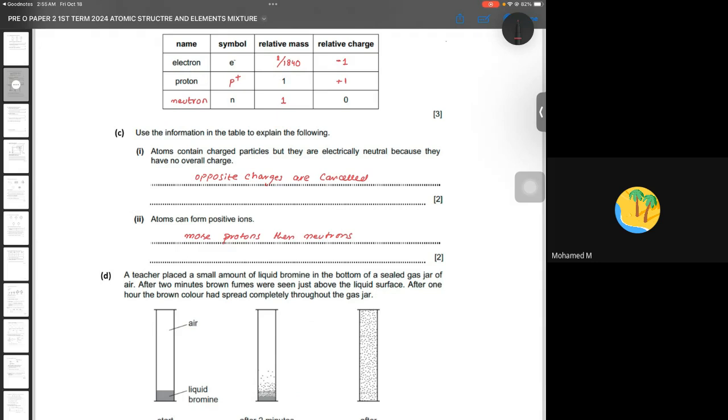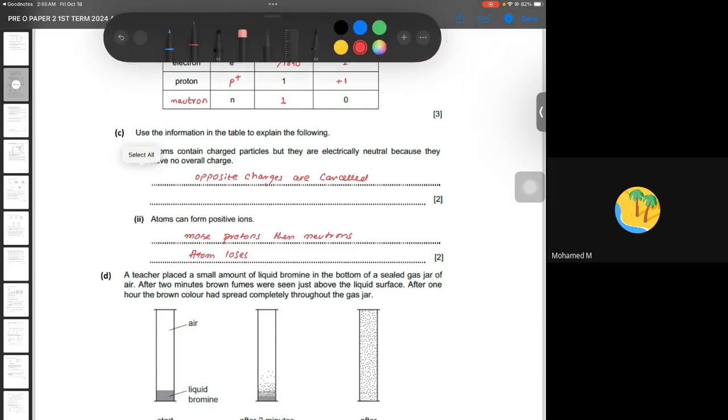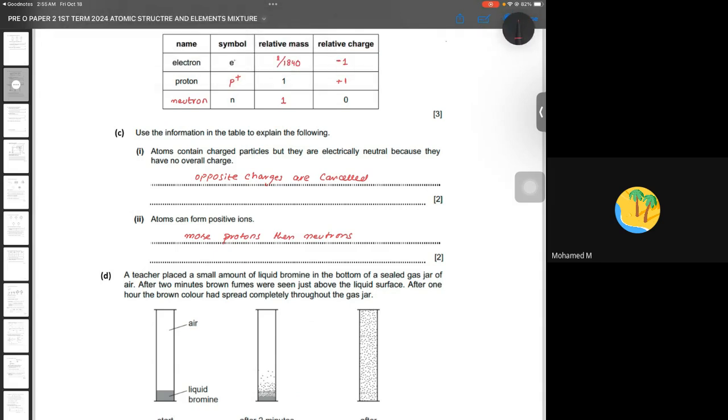And also, when an atom loses an electron, after the loss of electron, there would be more protons than electrons.